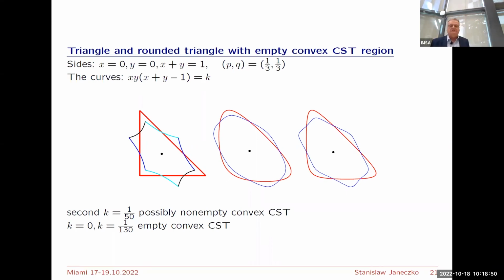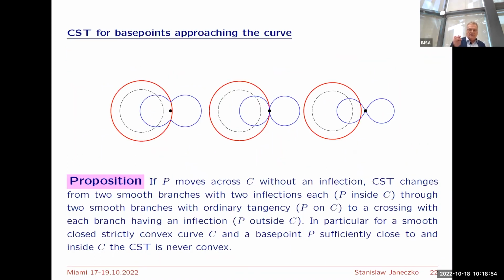So some questions are still not answered, some are just in progress. And there is also interesting stuff. What's going on when the point of symmetrization is passing through the curve? It is passing through the curve, you get something like that.